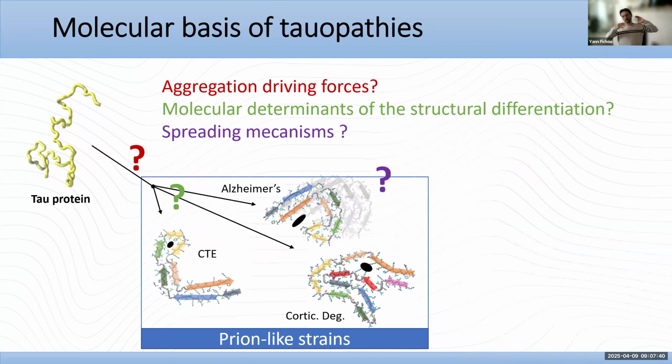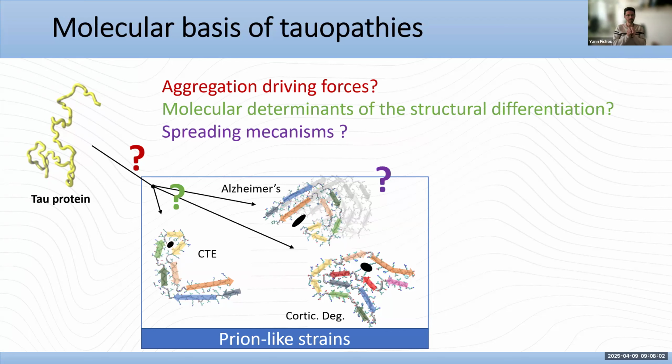So exactly what do we care about? Well, we care about how this protein forms amyloids. Sure, that's for sure. Then maybe a bit more subtle is how does tau form different amyloids? See what I mean? How does it form those different structures?